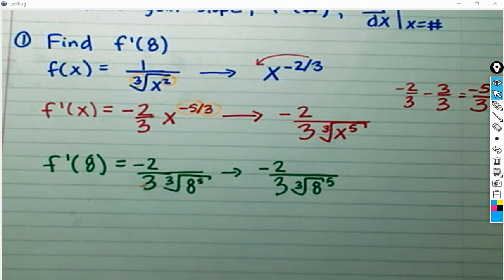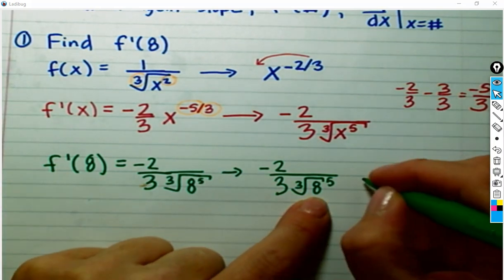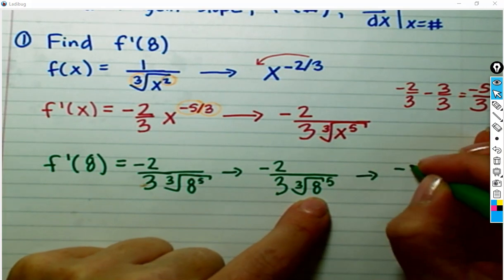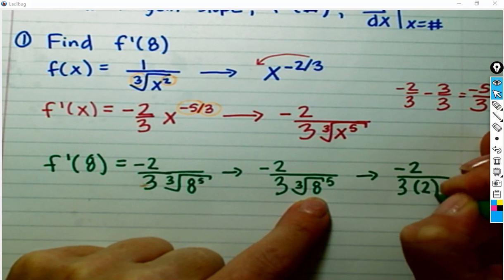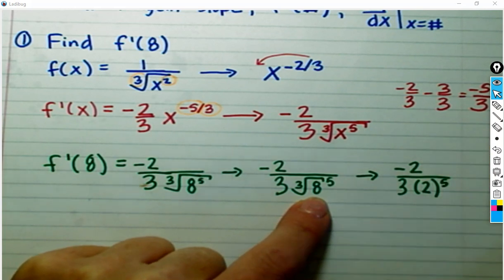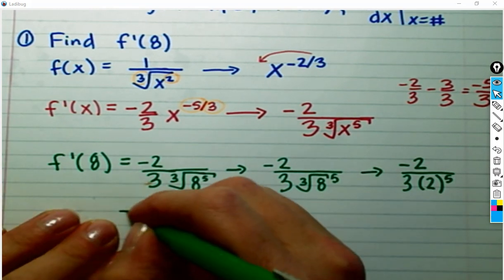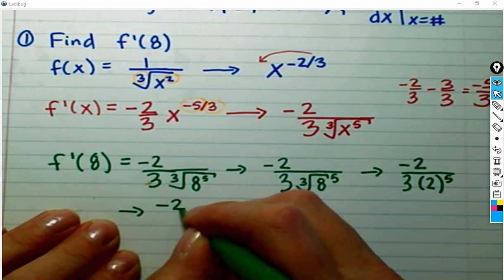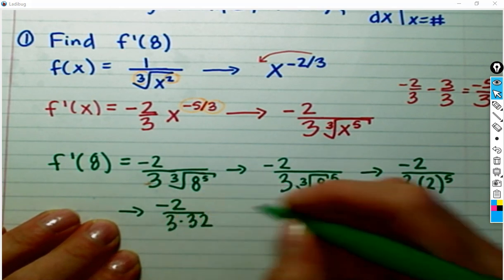Okay? Yes, you can still use a calculator. That's fine. Okay? But I'm going to show you how to do it without. Okay, so I'm going to do the cube root of 8. That's 2. Okay, the cube root of 8 is 2. And then I'm going to do 2 to the 5th, which is 32.